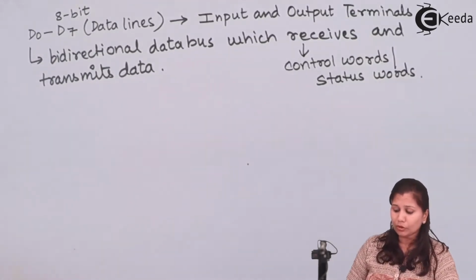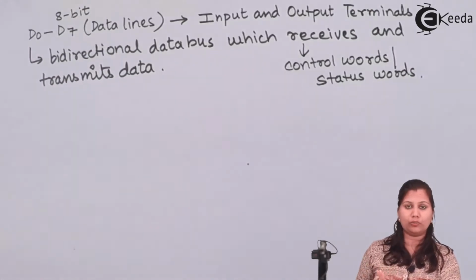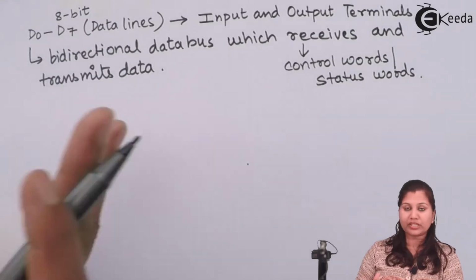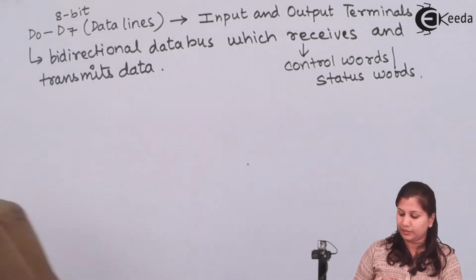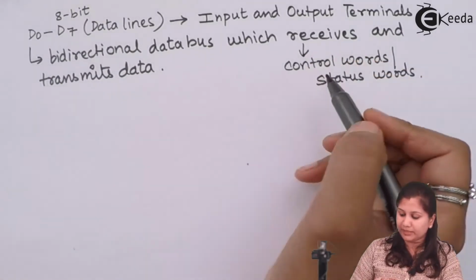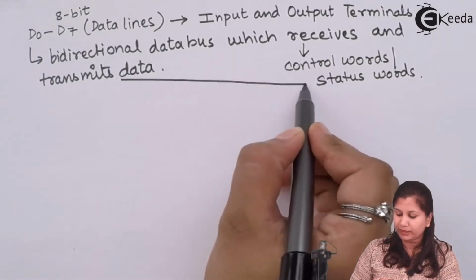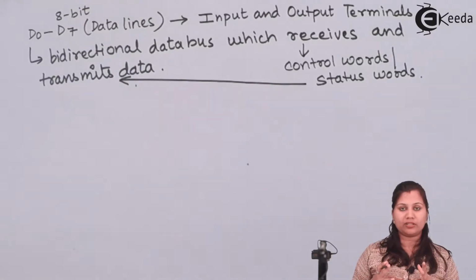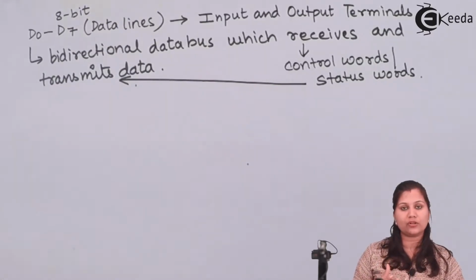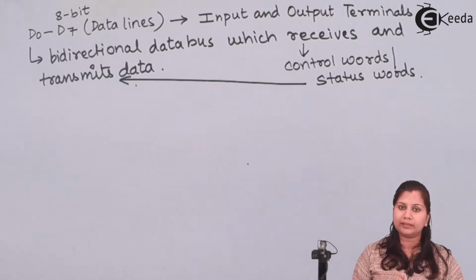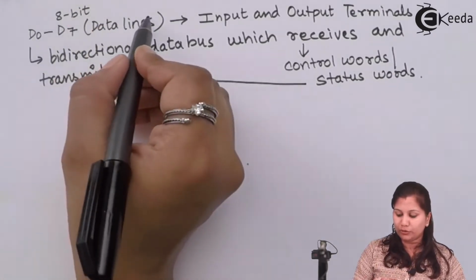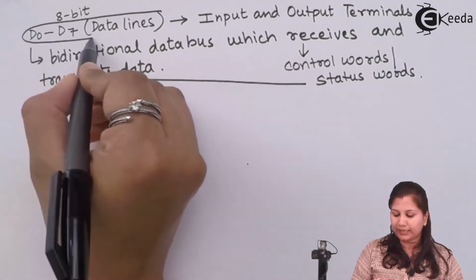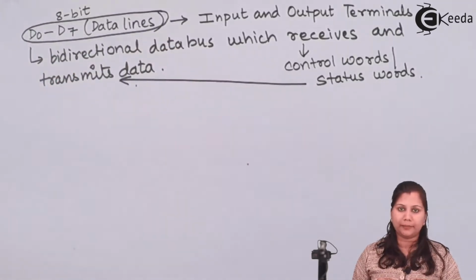Okay, so it is going to receive the control words and status words from the CPU, and it is going to send the status words. So the data which is received and transmitted can consist of control words, status words, and 8-bit data also. So we are using the 8-bit bidirectional data bus for this purpose.